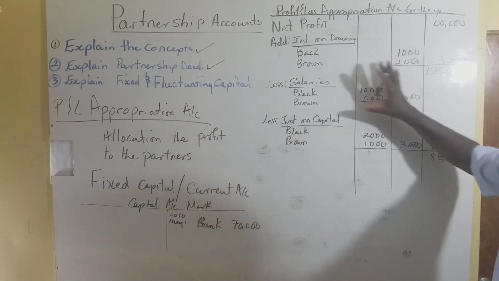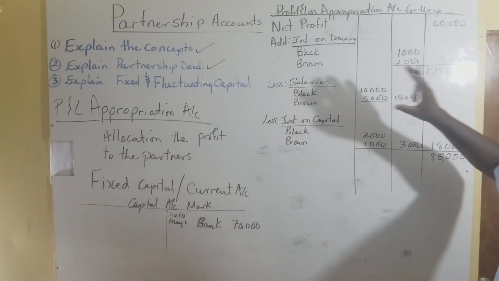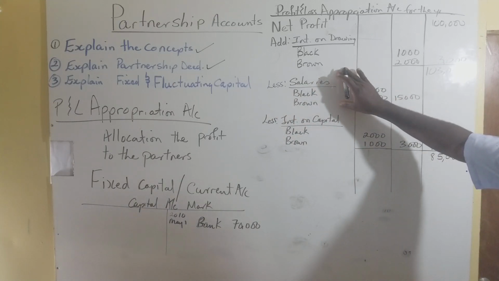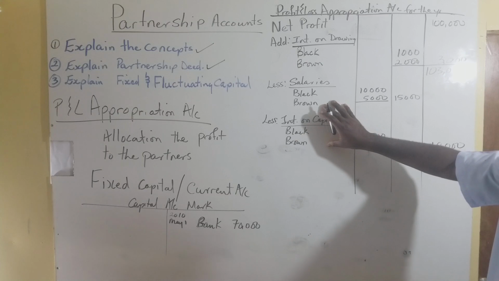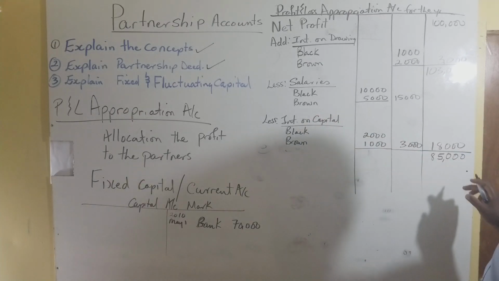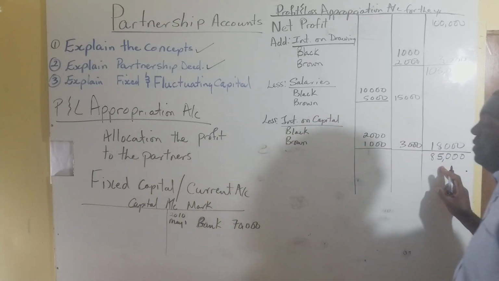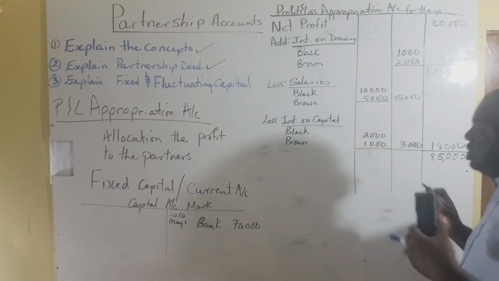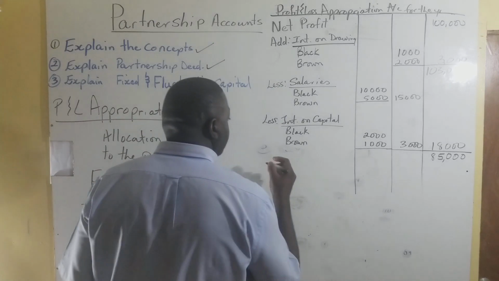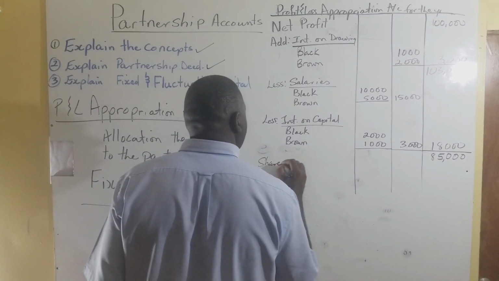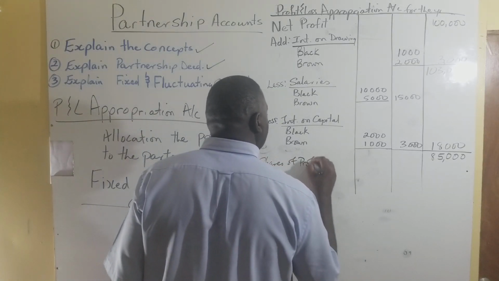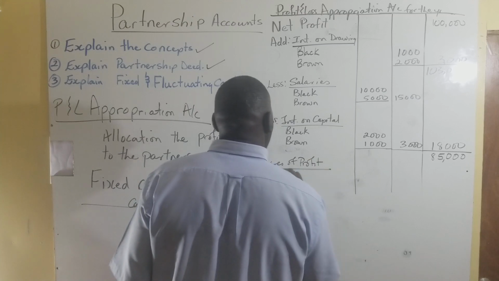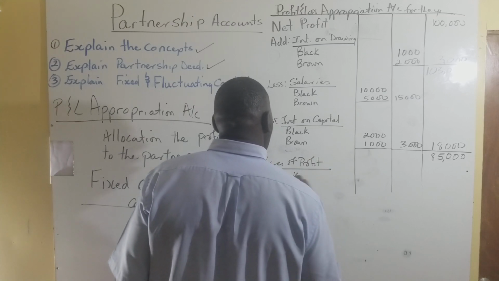After we have allocated to the partners their required salary amount and the interest that they would have earned on their capital, we have $85,000, and this $85,000 now we are going to share among them. So we come to what is referred to as shares of profit for Black and Brown.